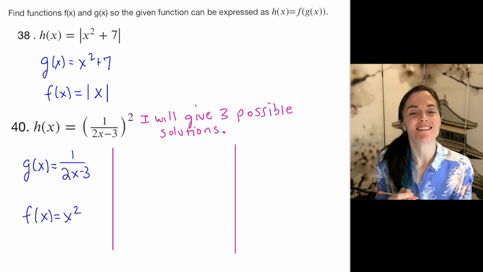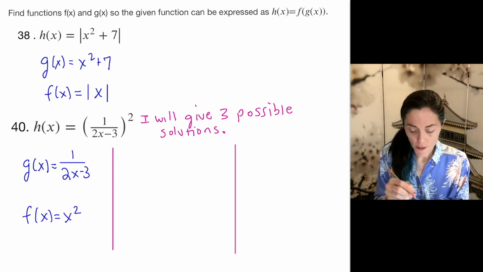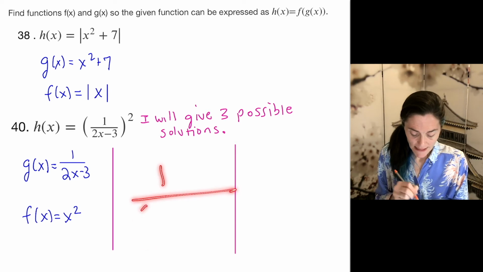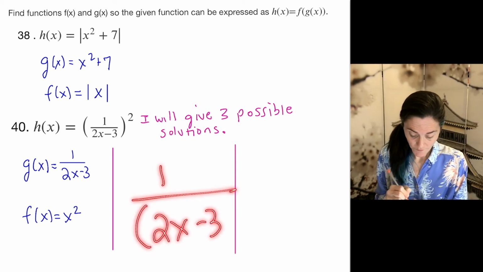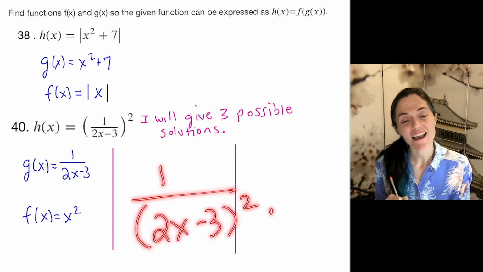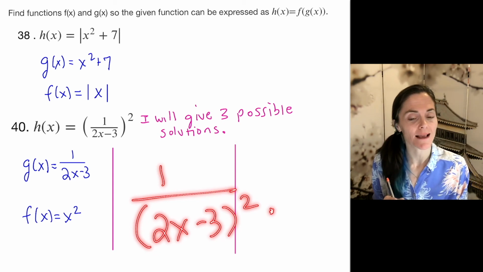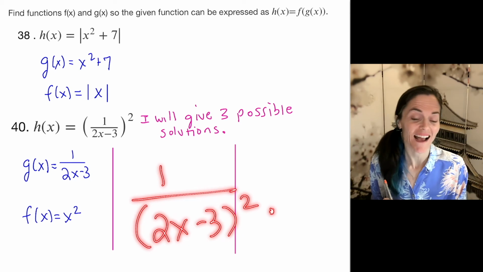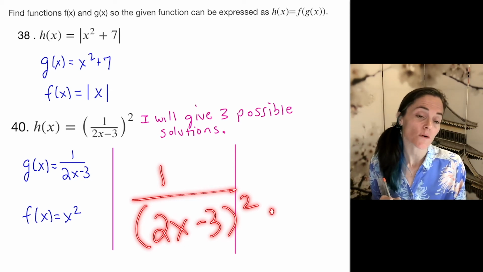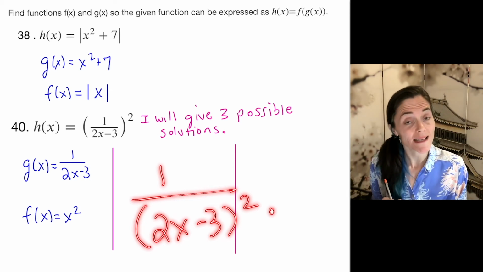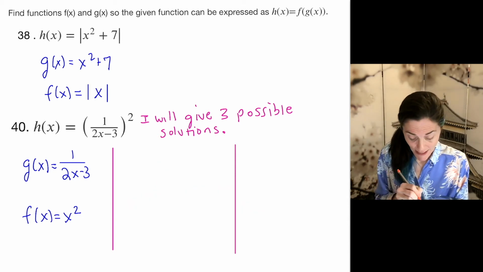What else can we do? Well, you notice that h of x is this function. Right? We would square the numerator, square the denominator. And so another option, looking at it in this red highlighter, is I see g of x, or one possible g of x, is 2x minus 3. So let's try this.